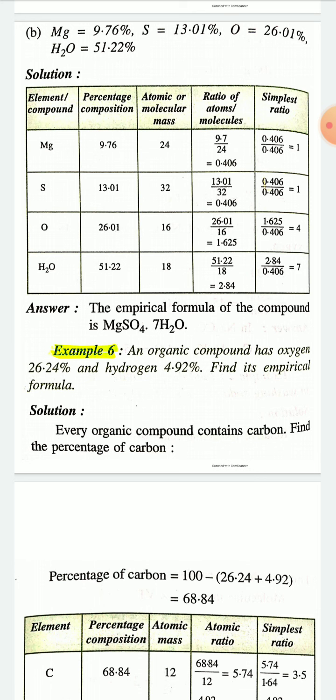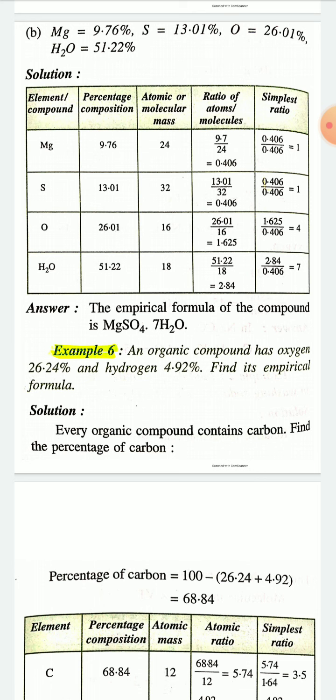Simplest ratio of oxygen is 4, and simplest ratio of water is 51.22 divided by 18, that is 2.84, and you have to divide this 2.84 by 0.406, and the simplest ratio for water becomes 7.